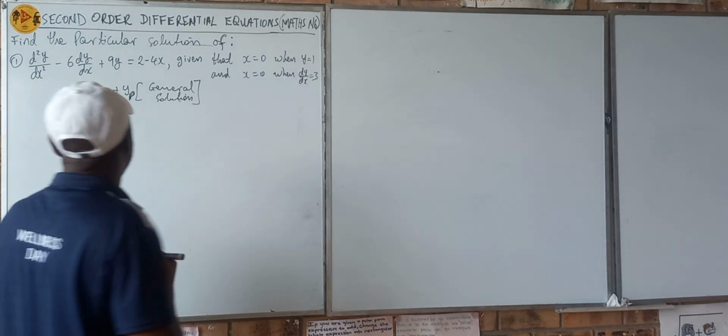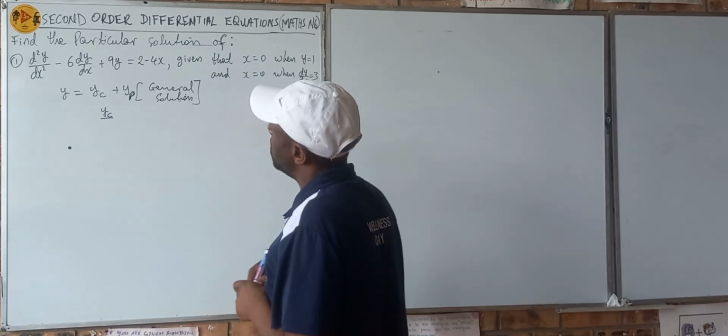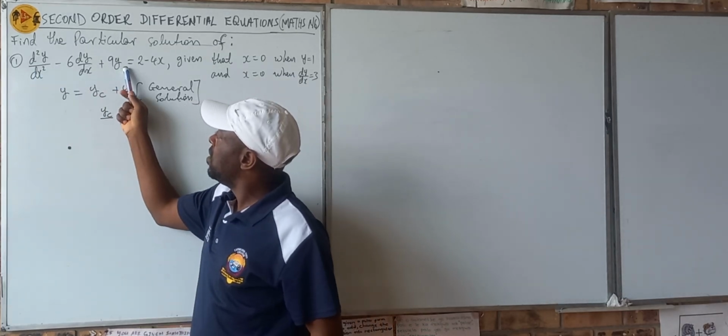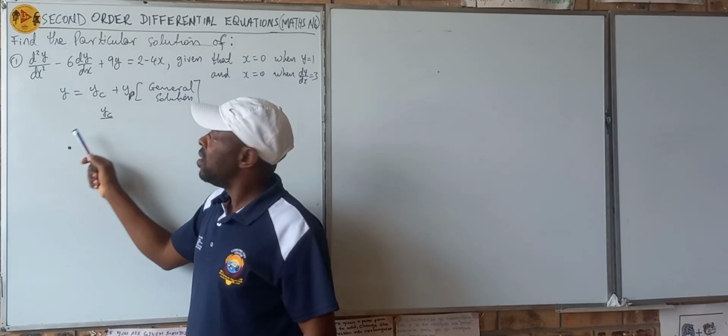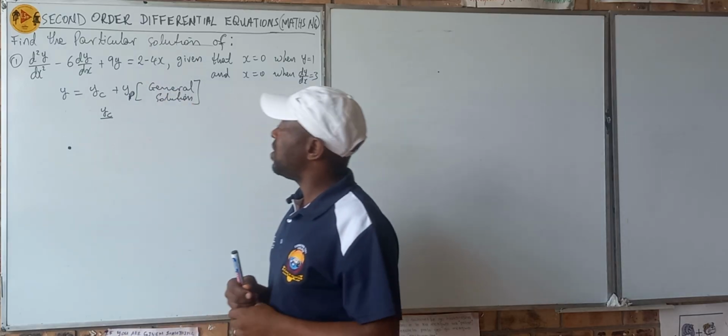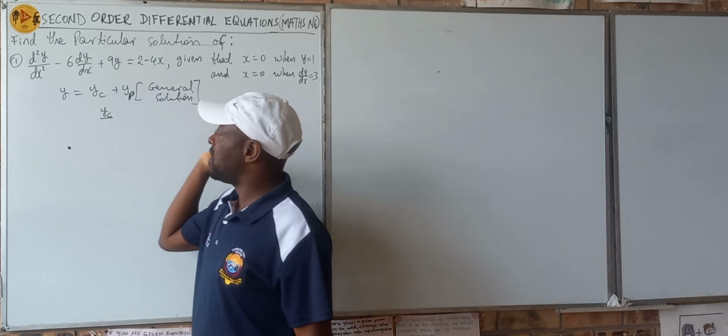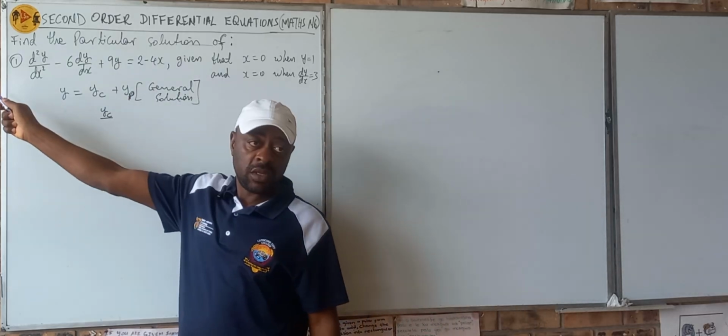With yc, all we need to do is use the left side of the equation to solve for yc. That means for the right side we will replace it by 0. So the first thing we do is create a quadratic equation using this.